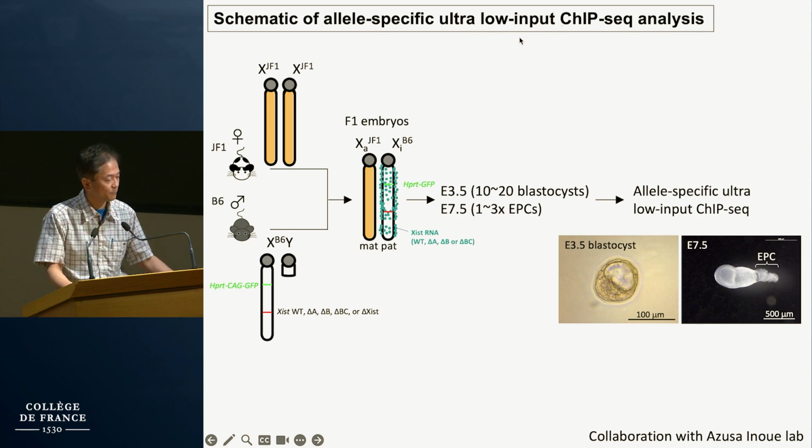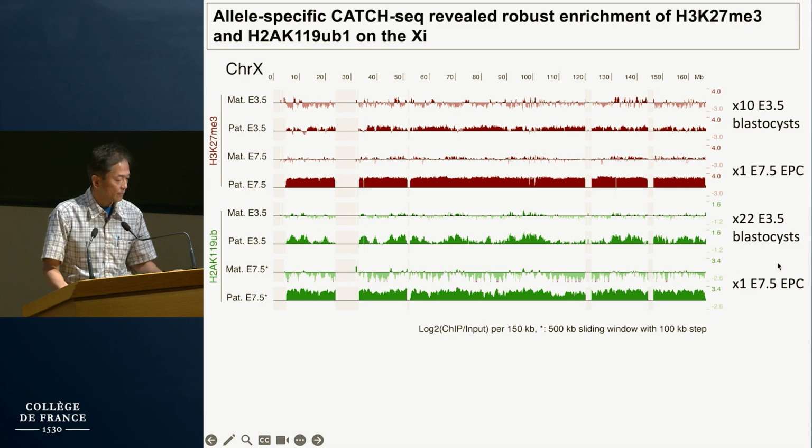So then we performed ultra-low input ChIP-seq analysis by using E3.5 blastocysts and E7.5 ectoplacental cone. What we saw is that H3K27 trimethylation and H2AK119 ubiquitination accumulate during development, E3.5 and E7.5, on maternal and paternal, respectively.